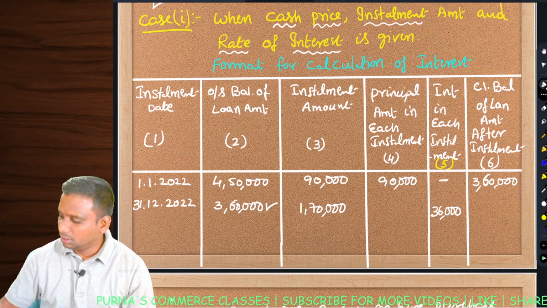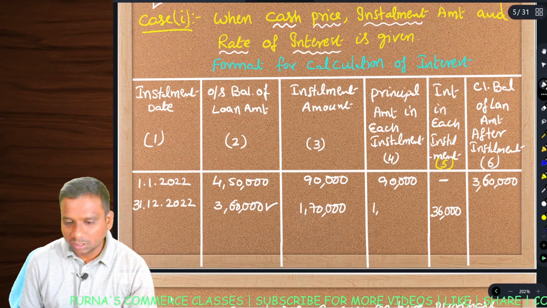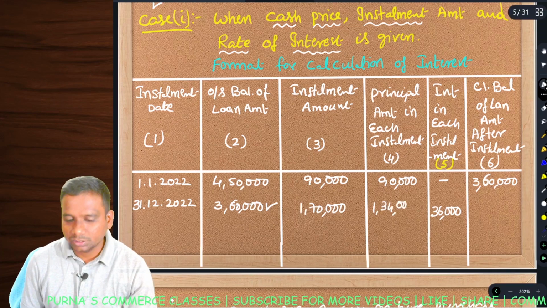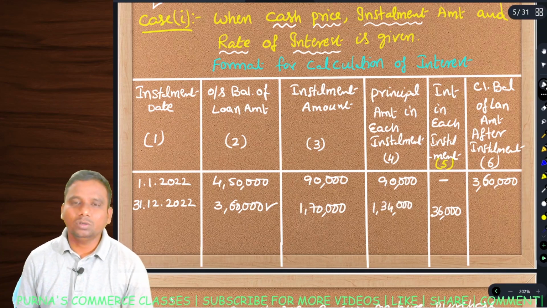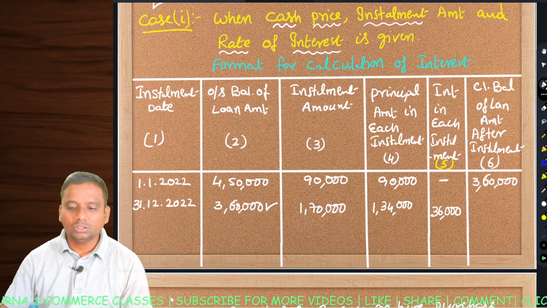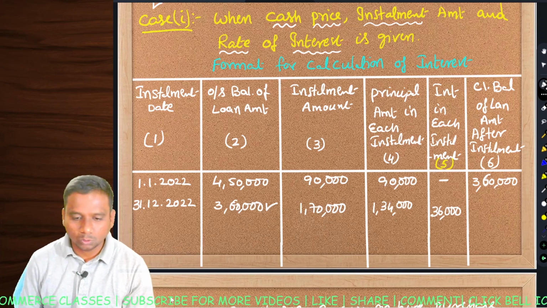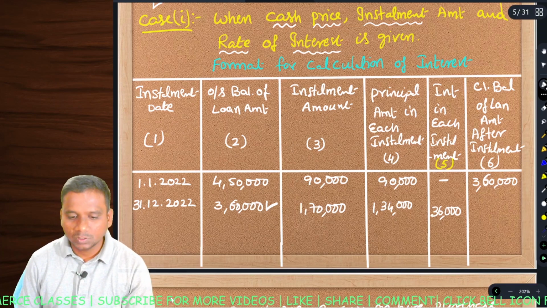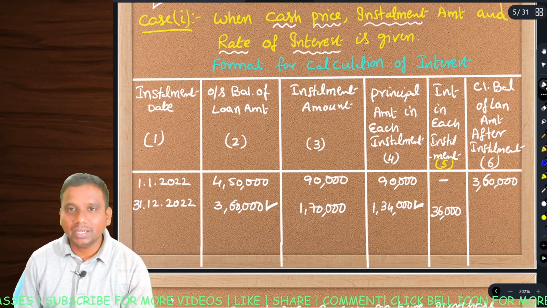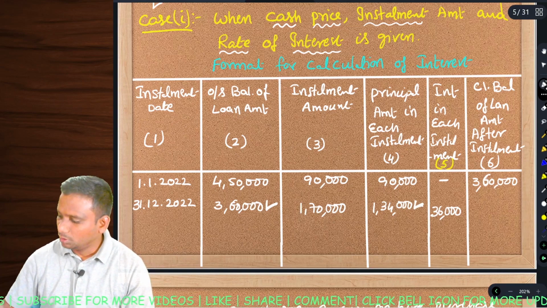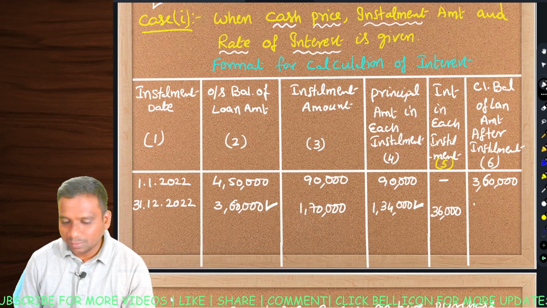So automatically the principal amount is 1,34,000. Now, what is the closing balance? Look at what loan amount is actually outstanding. Loan amount 3,60,000. Out of 3,60,000, you are paying 1,34,000. What is the remaining amount outstanding?